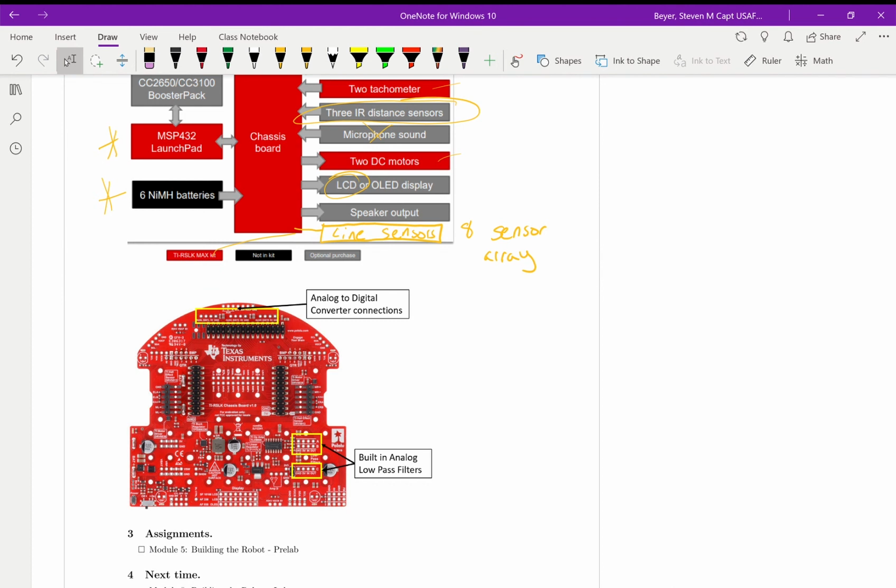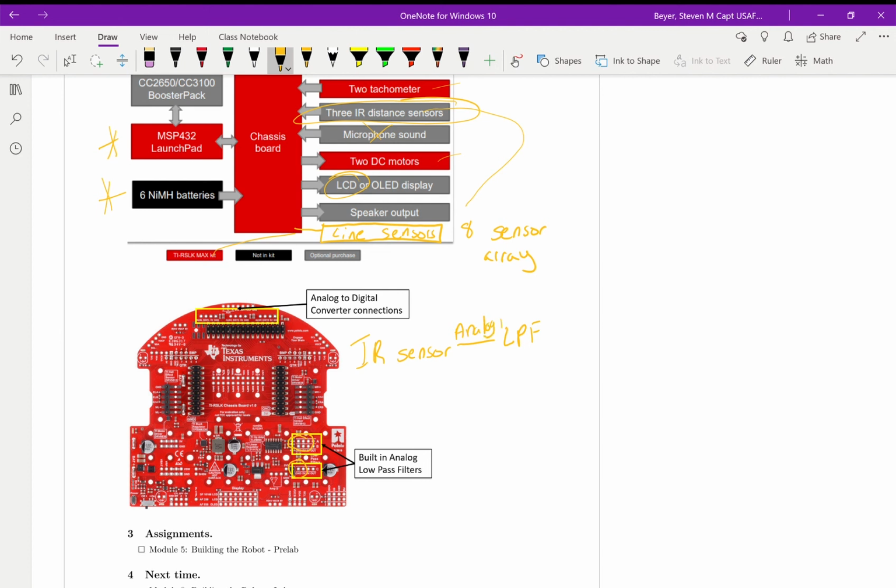All right, like I said, there's the IR distance sensors. Those are going to be plugged in 2 different places. So what's going to happen is we're going to plug in those sensors straight into here. So basically we have an IR sensor that is going to these low pass filters. So this is an analog signal.